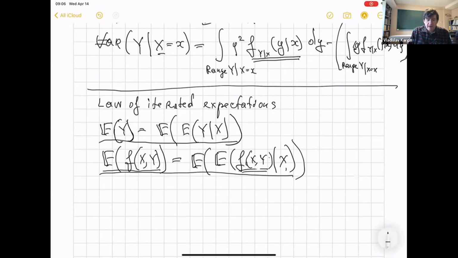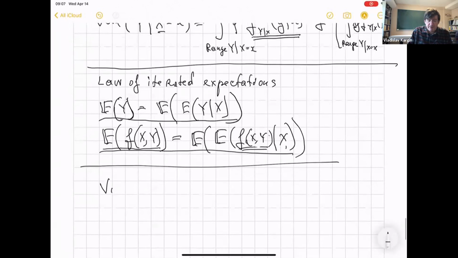Another question is, what about variance? Can we say that the variance of y is equal to something in terms of a conditional variance? Can we do the same trick? We want to calculate the variance of y. Can we fix x, calculate the conditional variance of y given every x, and after that average over x?